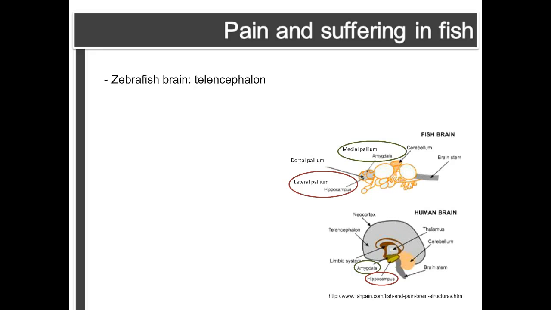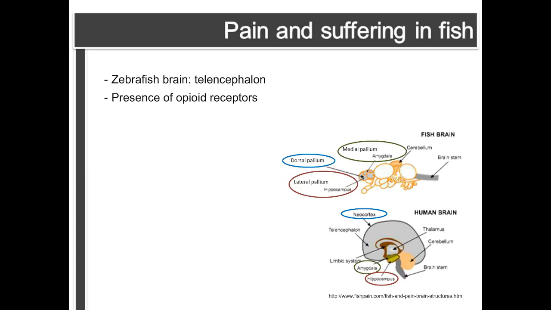The medial pallium is related with the amygdala, and the dorsal pallium related with the neocortex. These three structures in humans have been described as being involved in emotion, in perception, in subjective feelings. So they are very important, and there are some analogs in zebrafish.